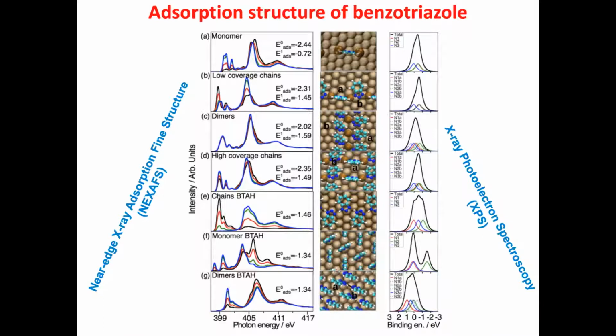The gist of it is that X-rays are shone onto the surface, onto the system, and the system responds with a specific signal by varying the photon energy, and one can create these spectra. What is important is that each one of these systems has a very specific signature. You can really see how different they are from one another. So this gives us good hope that we can compare these signals to the experimental signal and be able to tell what we're looking at. We'll be able to go from 7 to 1 candidate structure.